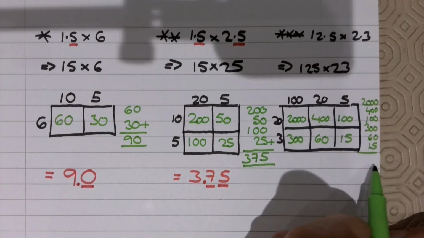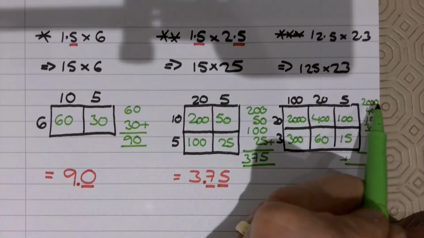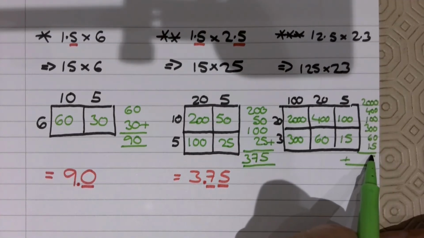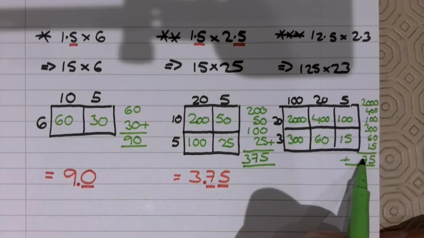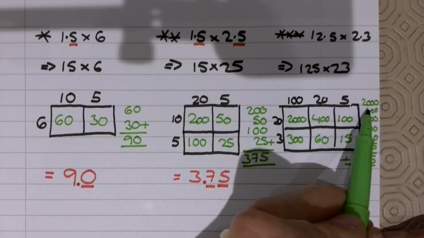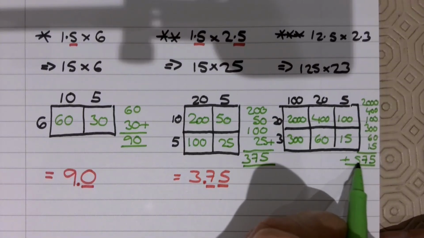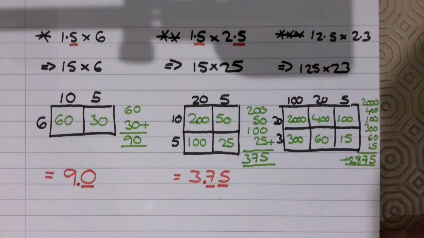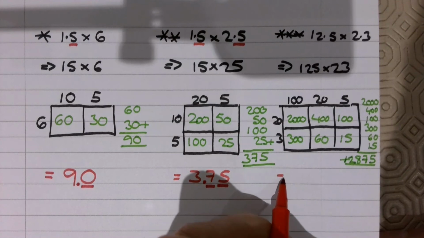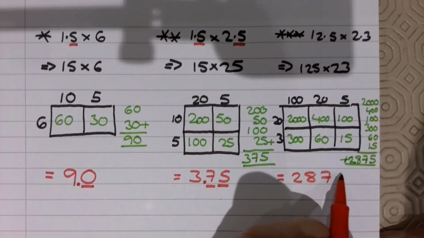Okay, so if we add all those up, we are going to get 5, 7, 8, 8, and a 2. Okay, and we add all those up. So we know that the digits in our answer are going to be 2, 8, 7, 5.